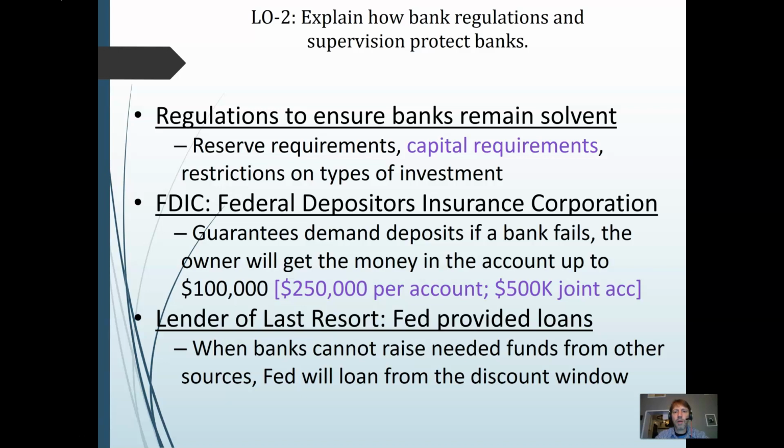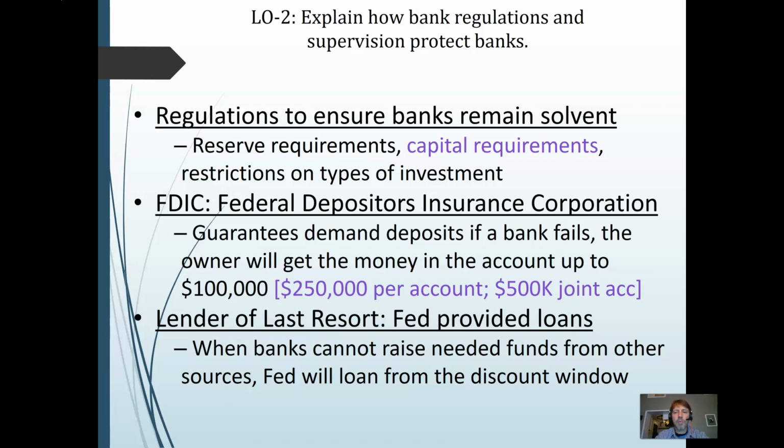So reserve requirements are one of the ways that we do that. There are some capital requirements and restrictions on the kinds of investment and the level of risk that banks are allowed to take. And they're insured by the federal government. So you might see an FDIC insurance sticker on a bank when you walk into it, or you would note it on the website if you were doing online banking.